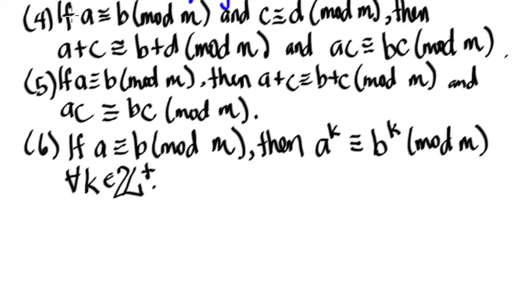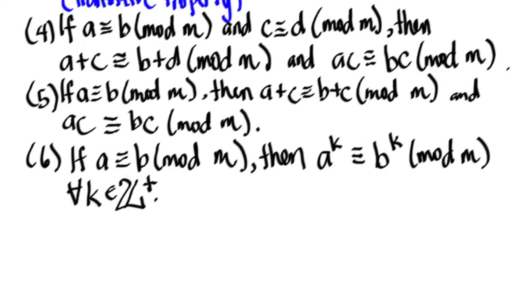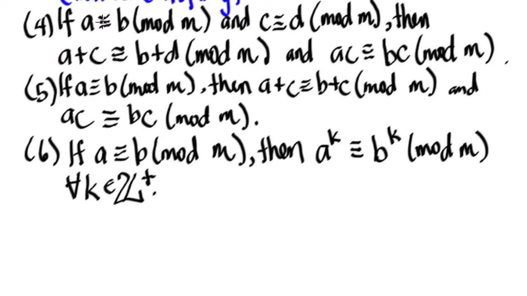If a is congruent to b mod m and c is congruent to d mod m, then it is true that a plus c, this part plus this part, is congruent to the second part plus the second part, mod m, provided they're still in the same modulus. And this does not only follow in addition, it also follows in multiplication. So a times c is congruent to b times d, still strictly in the same modulus.